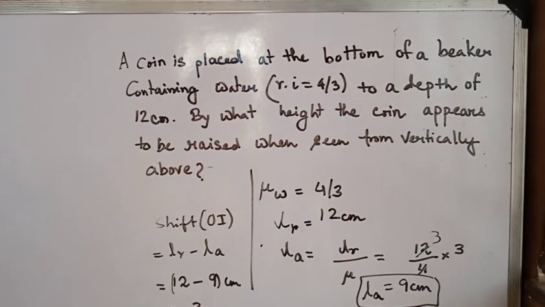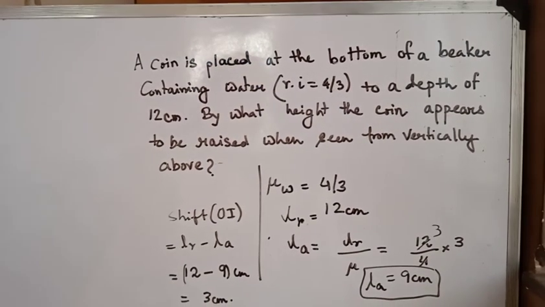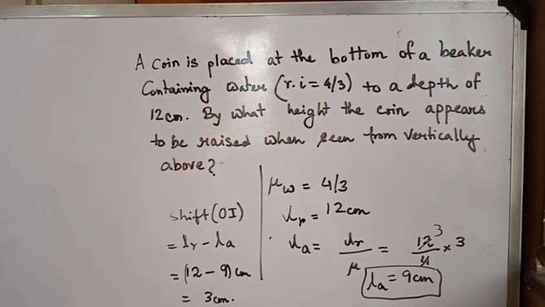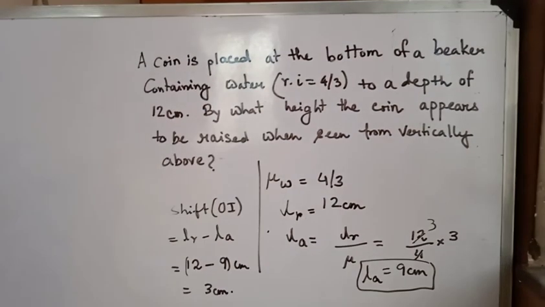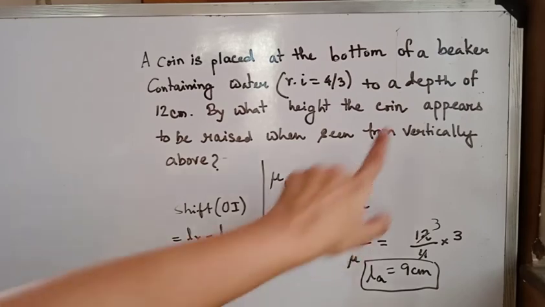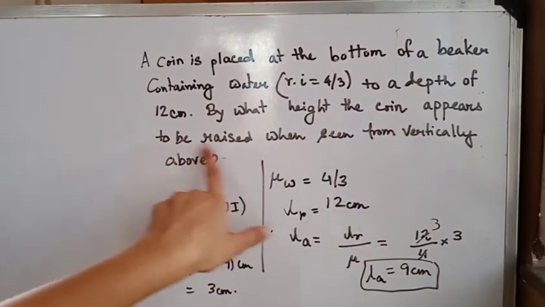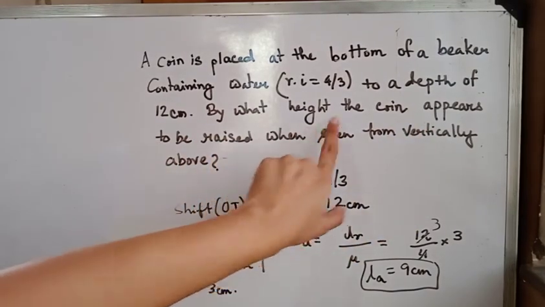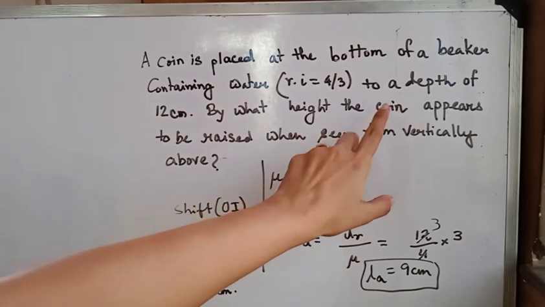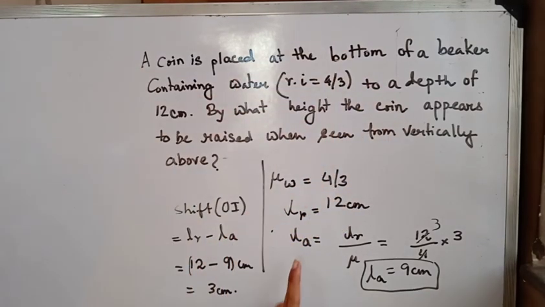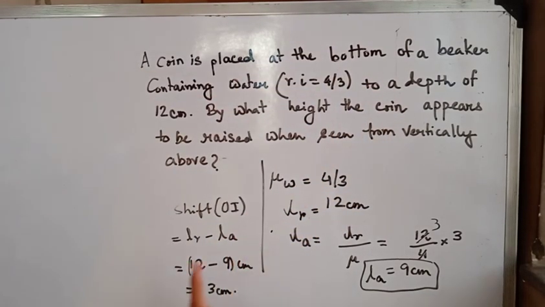So my answer will be 3 centimeter here. You have to be careful in this sum, because here we are asked for the height raised. So we do not want the apparent depth, we want the shift here. So you have to be careful about that.